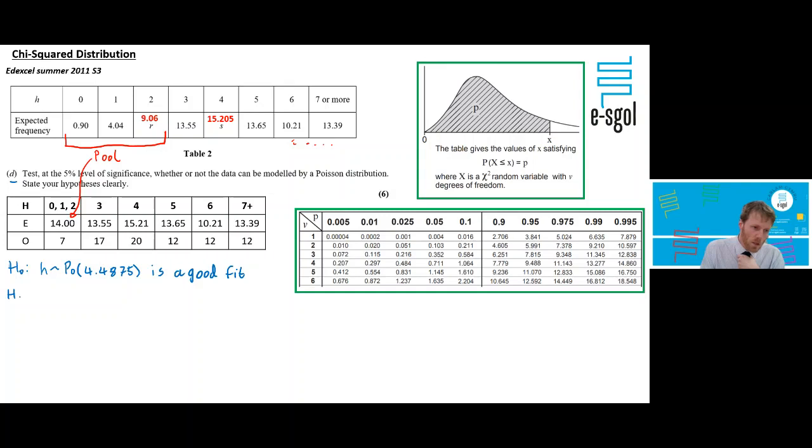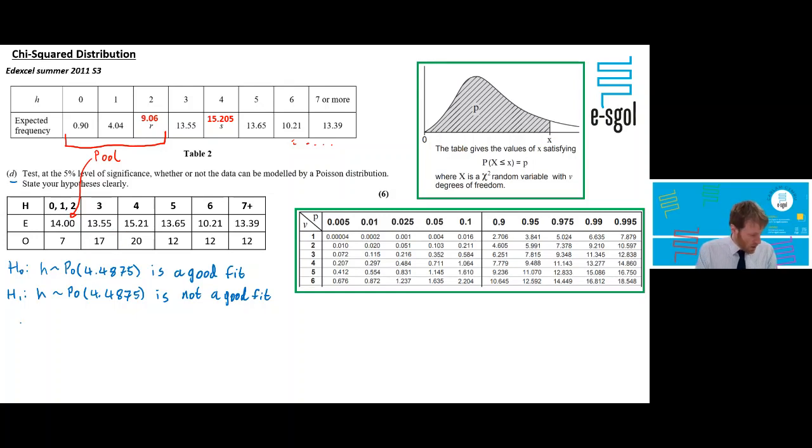And then the alternative hypothesis is that the Poisson distribution with an average rate of 4.4875 is not a good fit. We should be explicit about our lambda value, because it could be that it is a Poisson distribution just with a different lambda value.